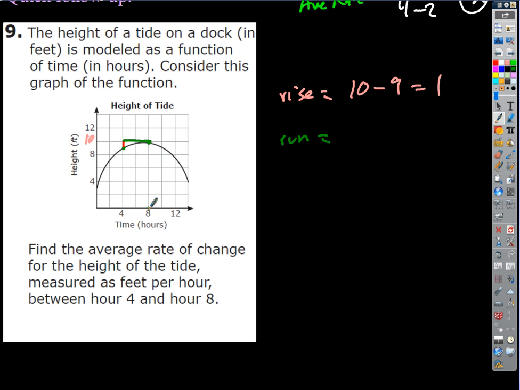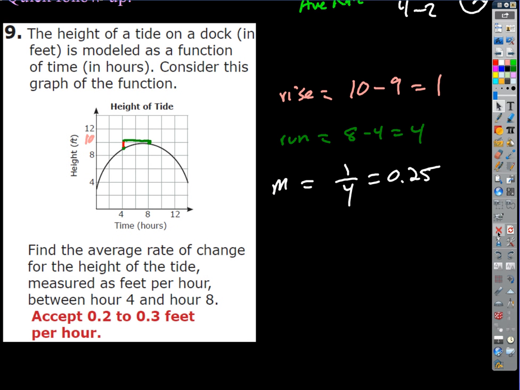From 4 to 8. So the slope, which is the rate, is just going to be 1/4, or 0.25, right? Okay, and they take anything from 0.2 to 0.3, so it's fine. They give you a little wiggle room in there, right?